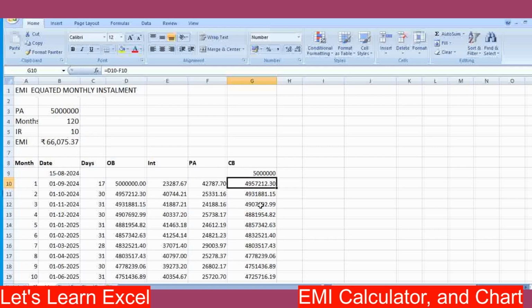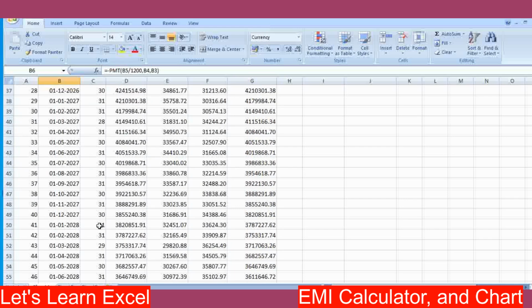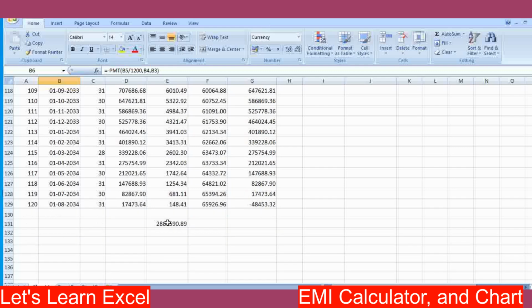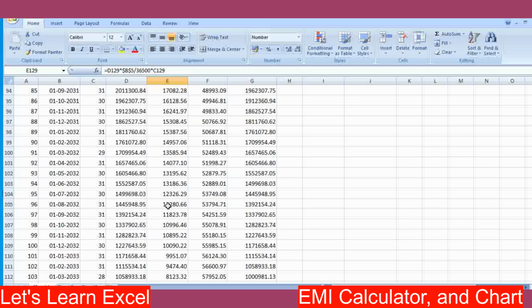Okay, so now a 50 lakh rupee loan we have taken on 15th August. That is no problem. EMI will be 66,000. So we will check at the end of 120 months what will happen. At the beginning of the 120th month, the balance was 17,000. So we need to pay this 17,000 and 148 rupees interest. So that will nullify and close our account.